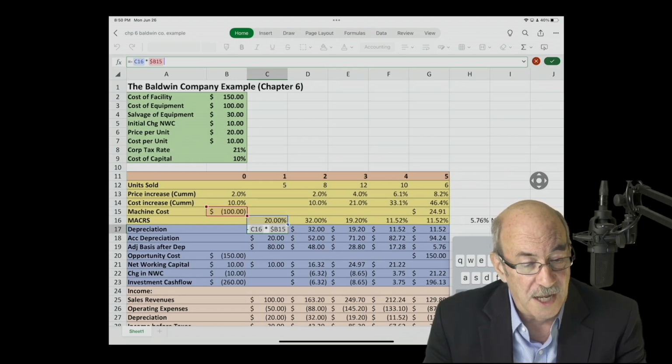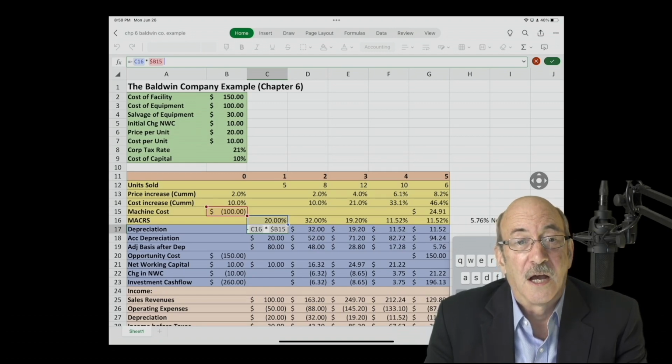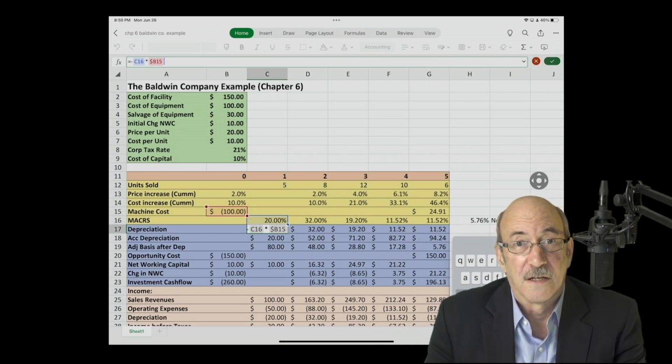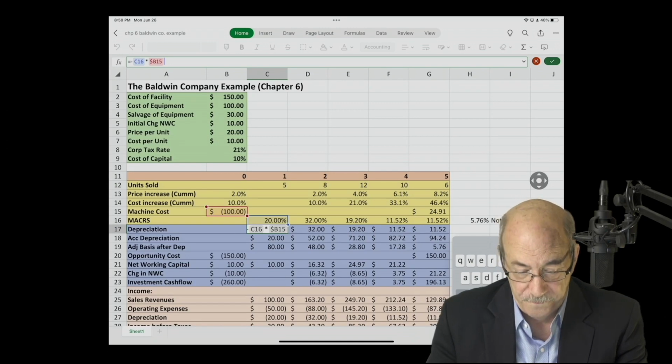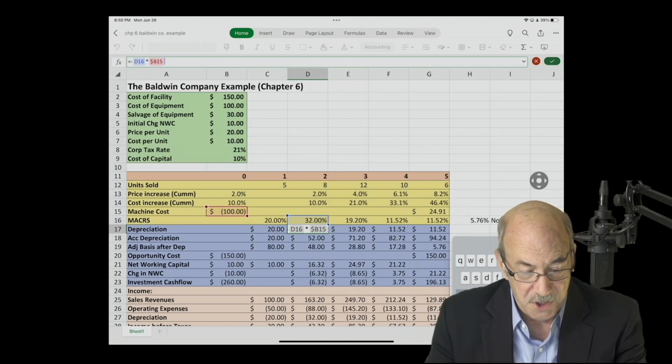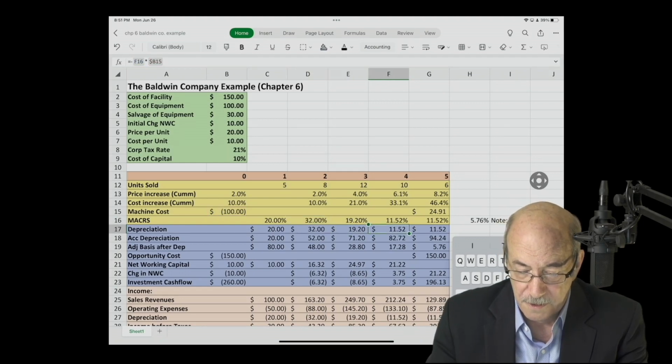So it's negative C16, which is the MACRS schedule, times B15. Make sense? And I do the same thing here with this one, except that it's D16 and B15, and so on down the line as we go.